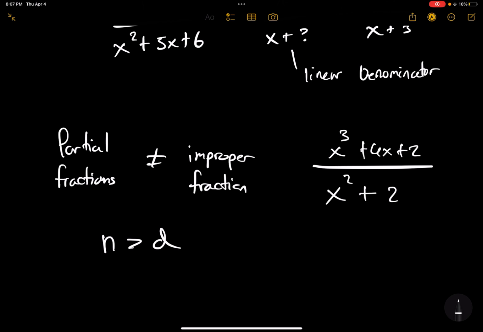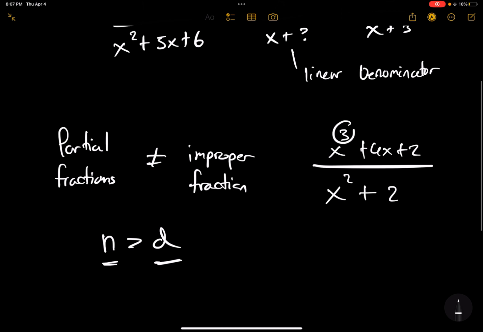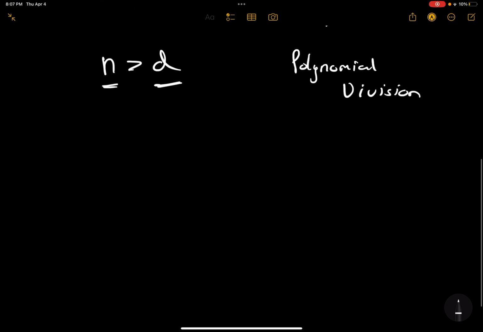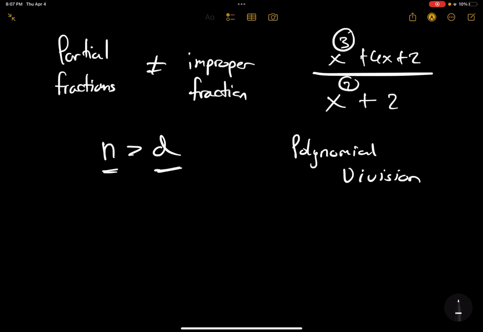The power of the numerator has to be greater than the power of the denominator. As we can see here, 3 is greater than 2. Therefore, we need polynomial division in order for this to split up and actually have a proper fraction, because the remainder will give us that.